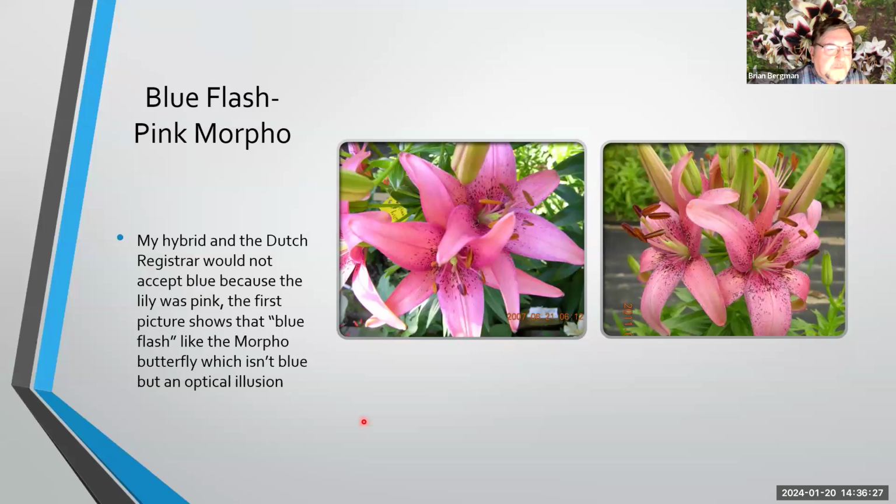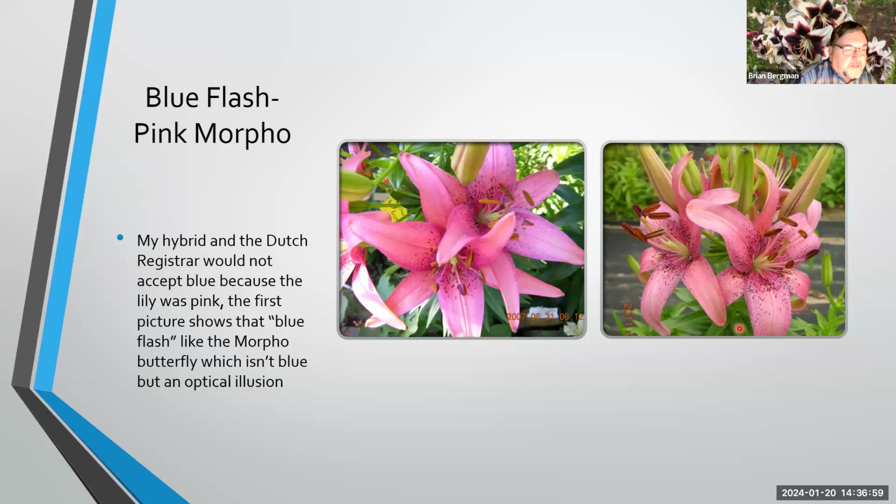Oh, and I just had to put a plug in for my lily, Blue Flash, Pink Morpho. And I called it Blue Flash because if you look on the slide on the left, it's got a little bluish color. It's not in the color. It's just that there's a translucency to the petal. And you'll see it more, a little bit of this sheen on the far right-hand side. Now, the lily company bought the bulb from the auction, and then they decided to produce it.